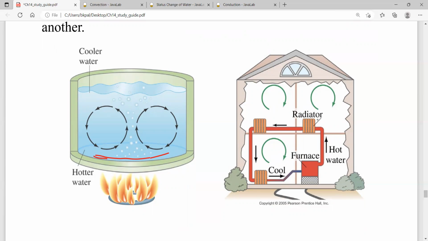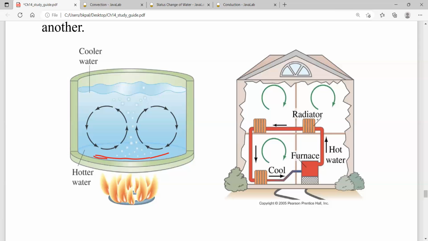Less dense molecules go up and the denser molecules come down. That's why there is a circulation of the molecules, and that's because of the difference in density.